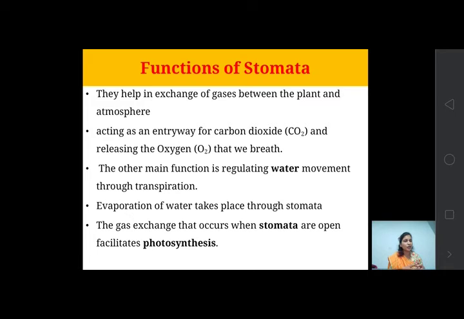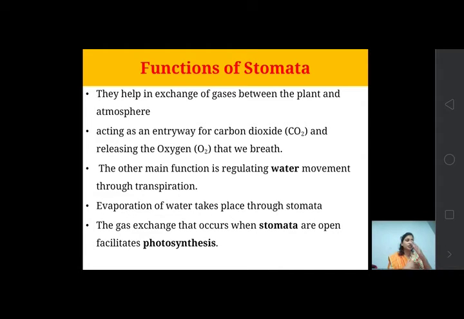With the help of this carbon dioxide, the plant prepares its food material through photosynthesis, and after photosynthesis, as a byproduct, oxygen gas is evolved. This collected oxygen has to go outside. So plants take carbon dioxide from the outside, and they provide oxygen to the outside.